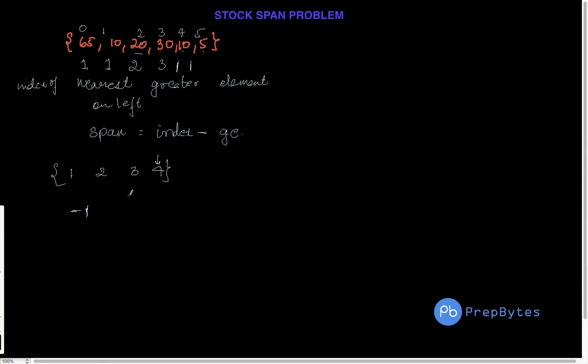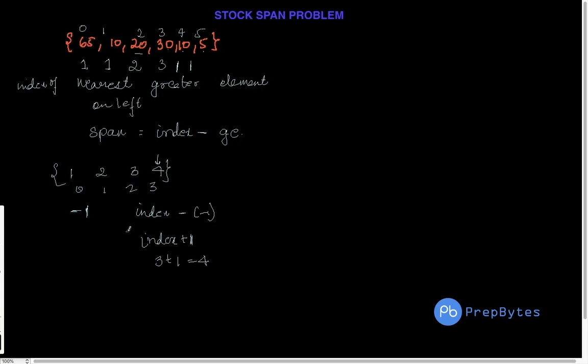So in that case, we'll have index minus 1. So that will make us index plus 1, right? So in this case, index is, let's say, 0, 1, 2, 3. So it will be 3 plus 1, 4.